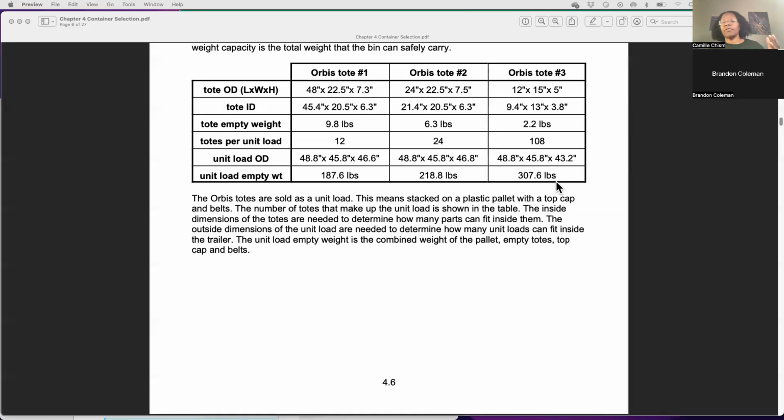I've got the tare weight of the packaging and I've got the weight of the parts, so I've got my whole unit load weight. I know that each unit load weighs 847.6 pounds, right? But you also know that you can get 52 of these pallets with parts and totes in one truck. So I'm going to take that and multiply this by 52.